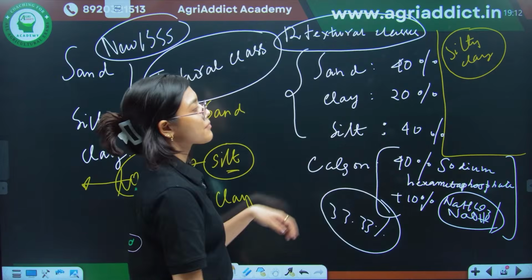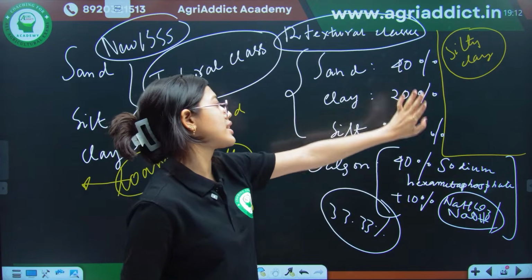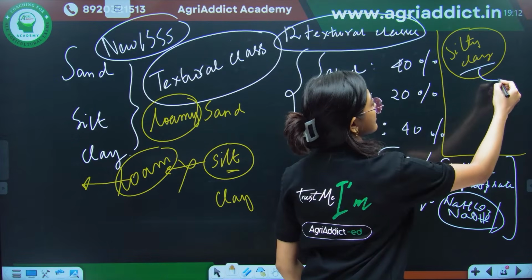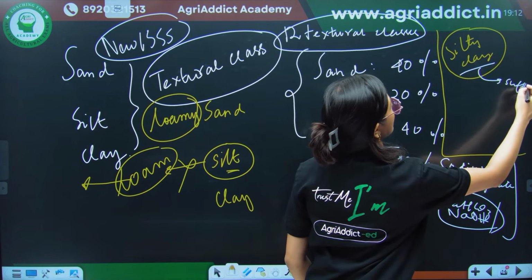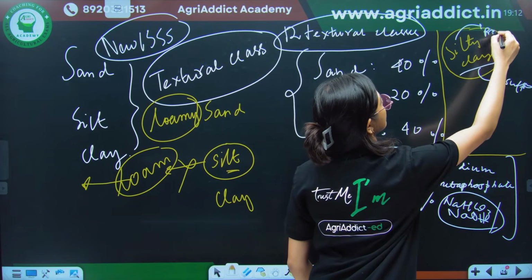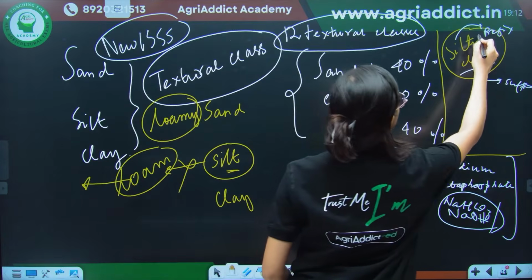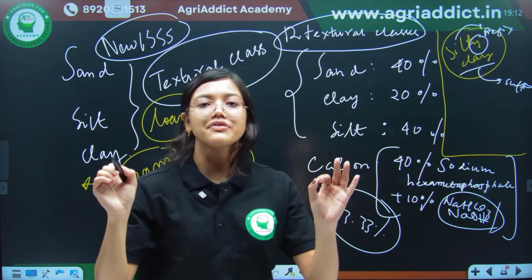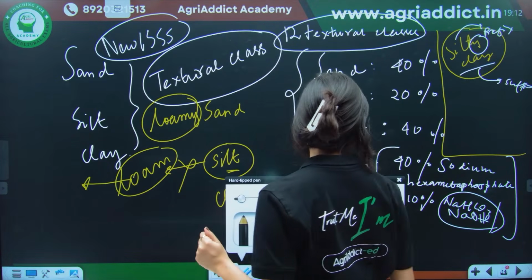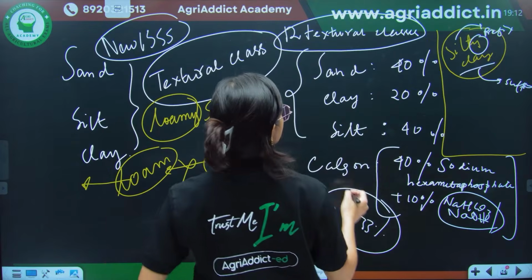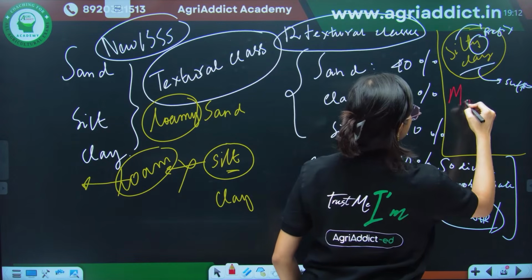Just wait a second. Suppose I have written this to be the textural class, the clay is the suffix and the silt is the prefix. Silt is the prefix. So this first term that will come, where you will add y, is also called a modifier class. Okay, this is called a modifier class.